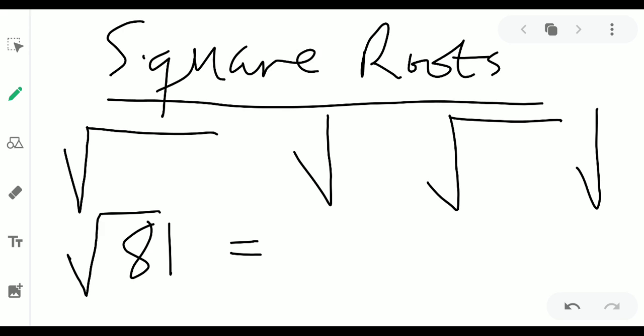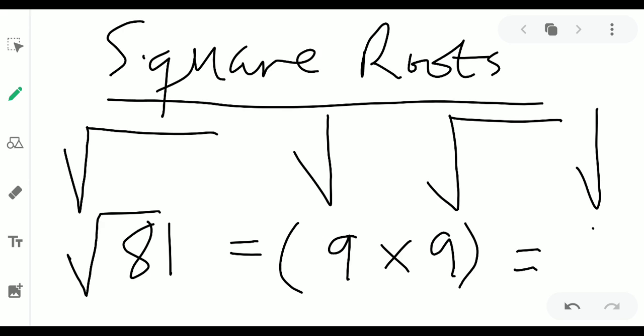What it means is that you need two same numbers multiplying to get 81. So I believe your guess is as good as mine, and that will be, let's say, 9 times 9, and that gives me what? 81. So it means that the square root of 81 is equal to 9. As simple as that.